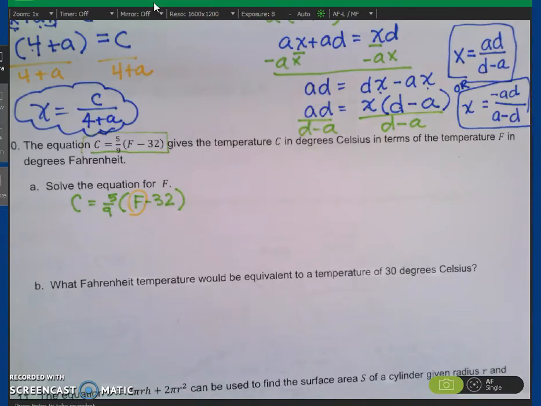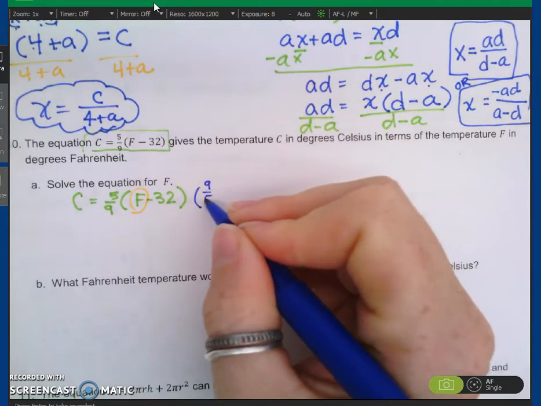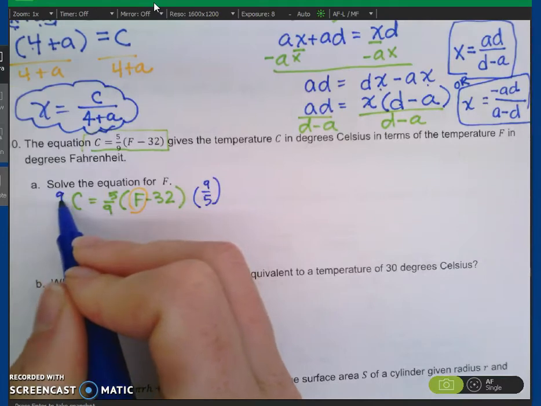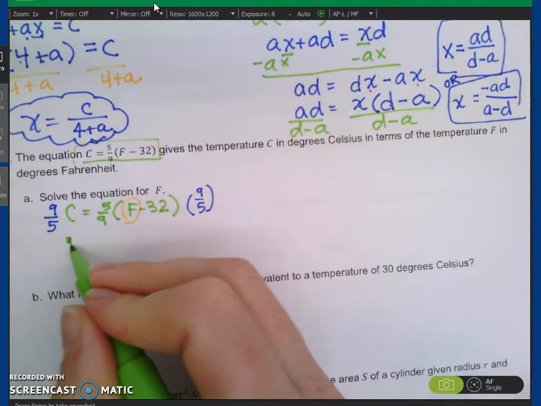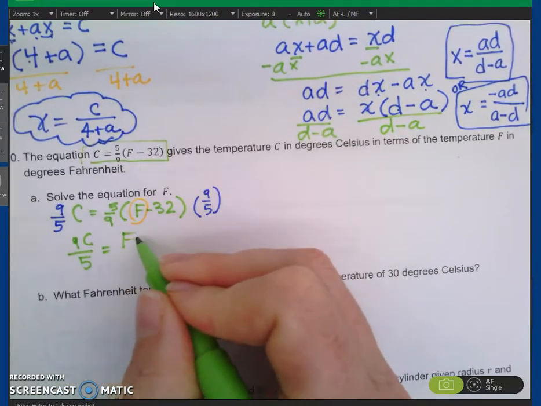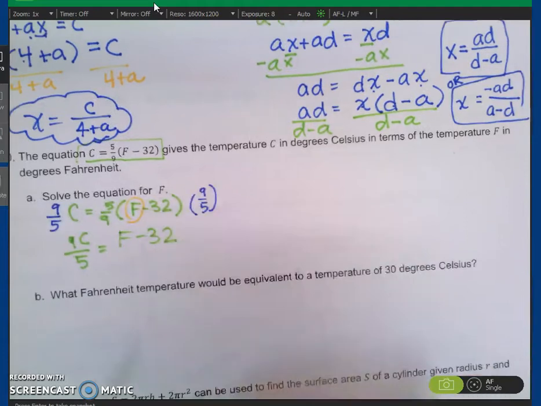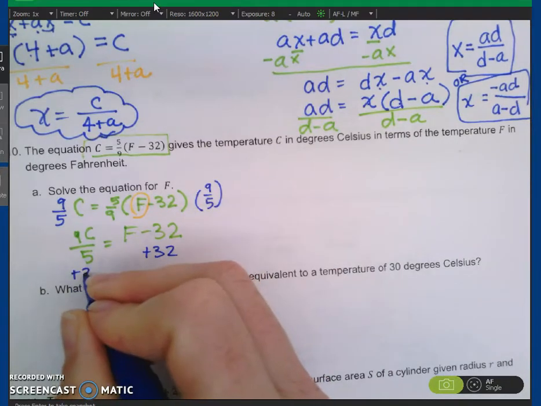I can't add 32 to both sides until those parentheses are gone. So the first thing I'm going to do to both sides is multiply both sides by 9/5 to get rid of that 5/9. When I do that, I get 9C over 5 equals F minus 32. All I have to do now is undo subtracting 32 on both sides by adding 32.